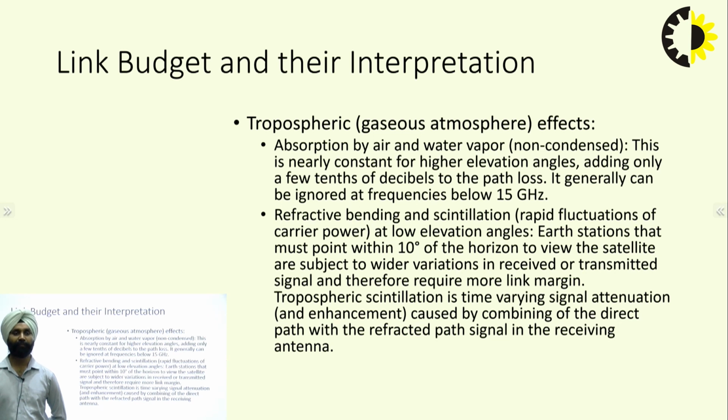The refractive bending and scintillation: rapid fluctuation of the carrier power is called scintillation. So the refractive bending and these fluctuations occur at low elevation angles, where an earth station must point within 10 degrees of the horizon to view the satellite.